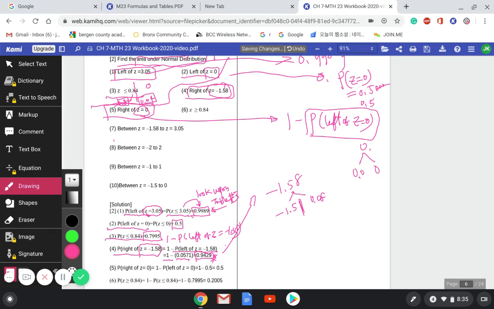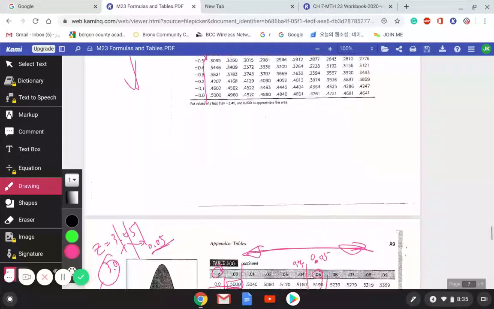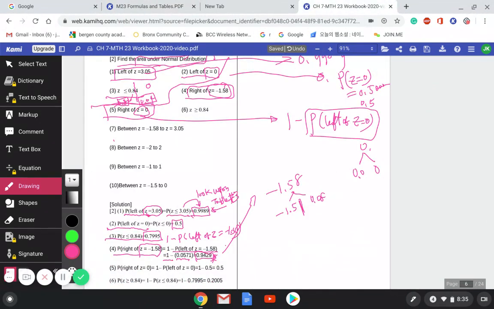If you go back to the table, 0.0 with a 0 again, it's 0.5. So the right side of z equals 0 is 1 minus the left side of z equals 0. We found that probability as 0.5, so 1 minus 0.5. You end up with 0.5 as the probability for the right side of when z equals 0.